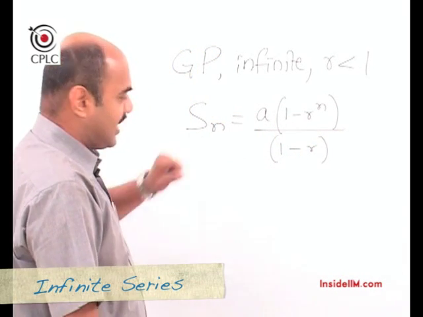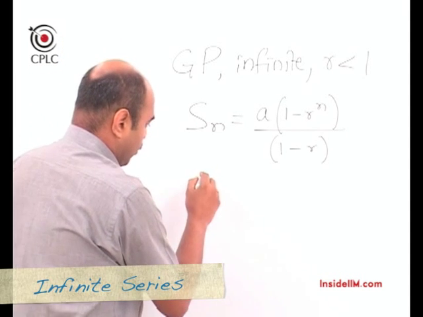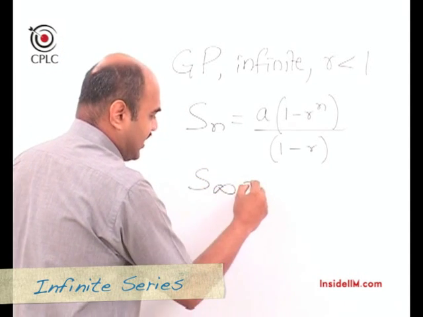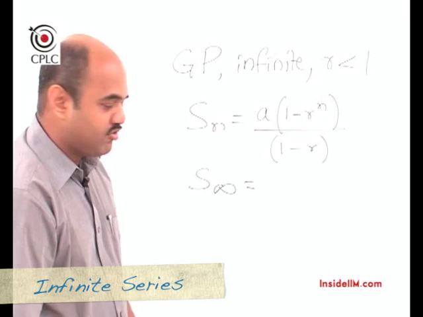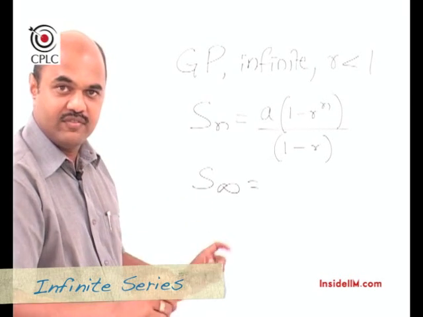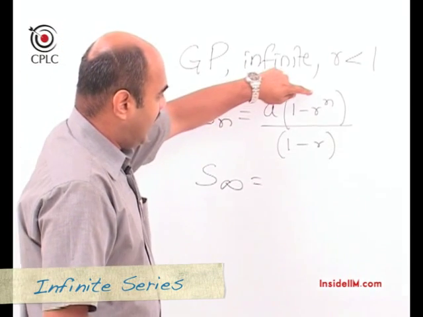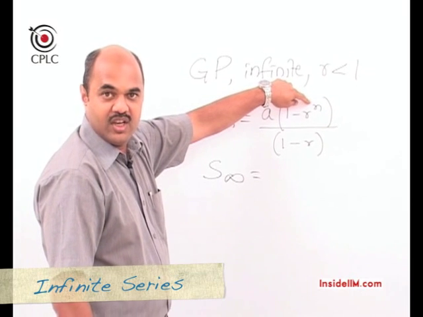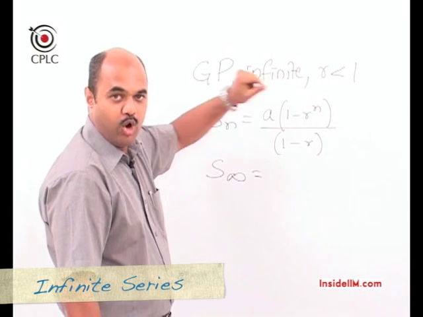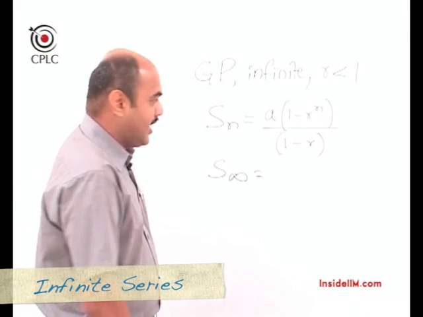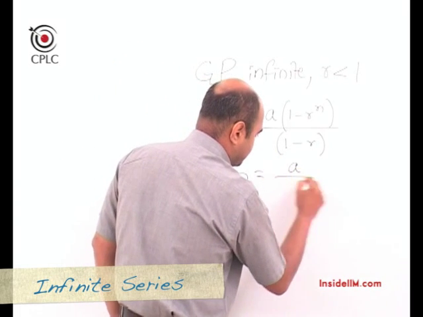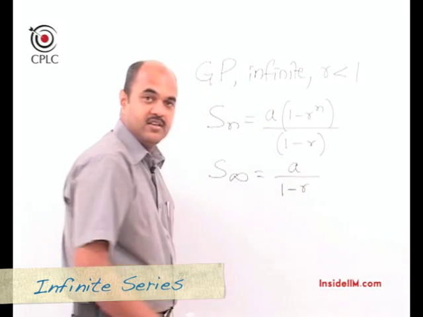Now in this case, if we are looking at an infinite number of terms, and we want to find the sum of all these infinite terms, as n becomes infinite, r raised to n would almost become 0, and hence the formula would reduce to a upon 1 minus r.